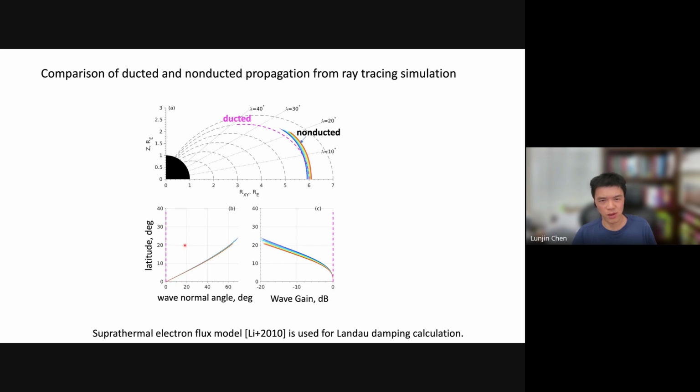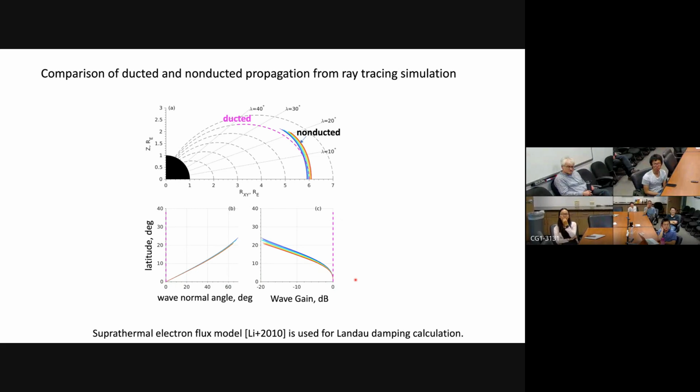By the time you reach 20 degrees, the wave normal angle can be 60 degrees. Then there will be very strong damping. As we propagate to 20-degree latitude, the wave suffers minus 20 dB damping, which is about 2 orders of magnitude in power reduction.